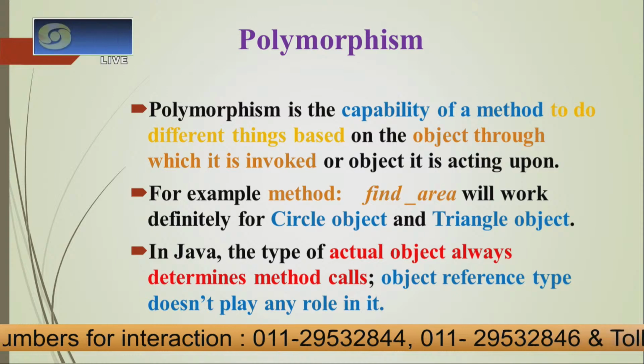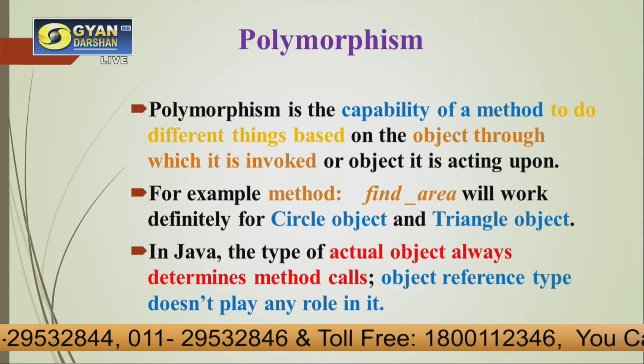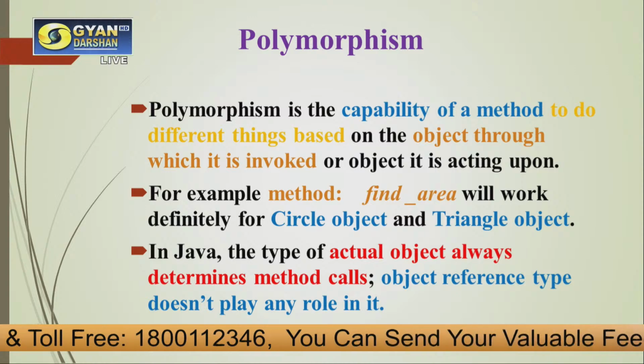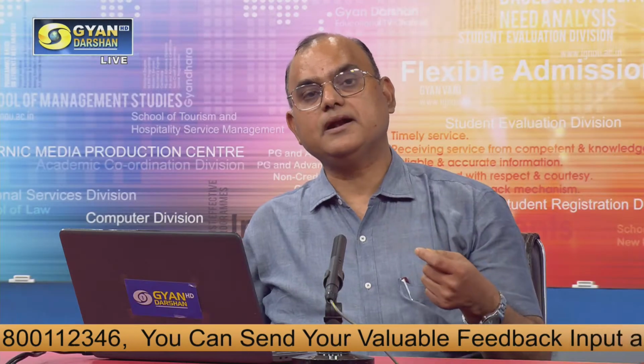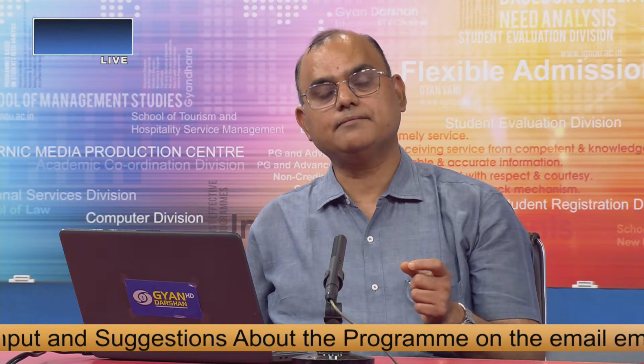Similarly, if we implement that method for some other shape, let us say a triangle, the implementation of the area calculation for the triangle will be different from the calculation of the area for a circle. It means the interface is the same.